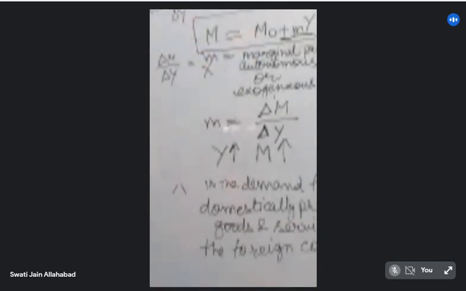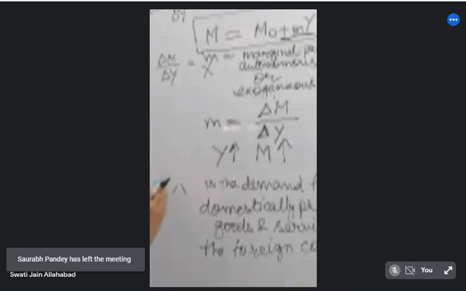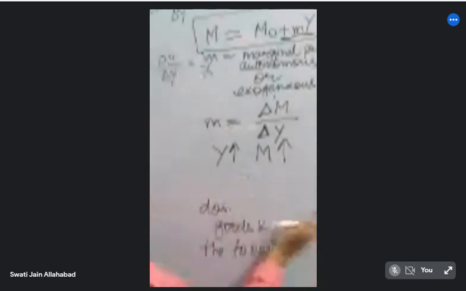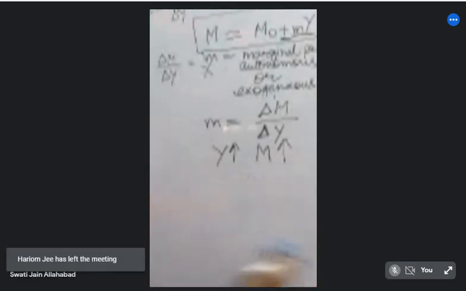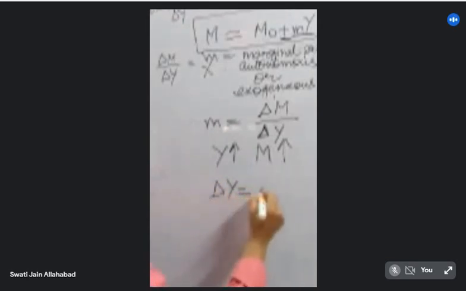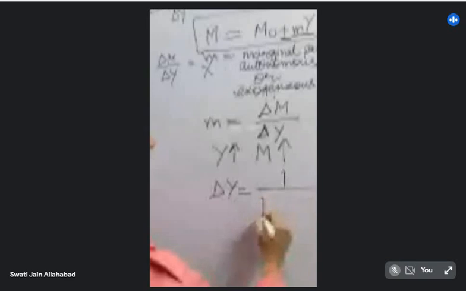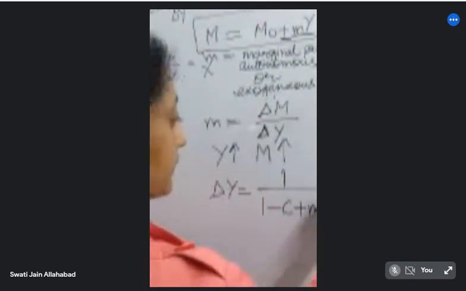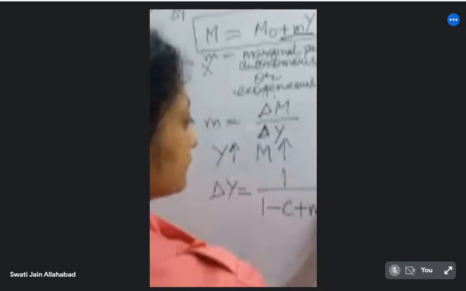So if we include the import function in our aggregate demand equation, the formula we get is delta Y is equal to 1 upon 1 minus C plus M into delta X.